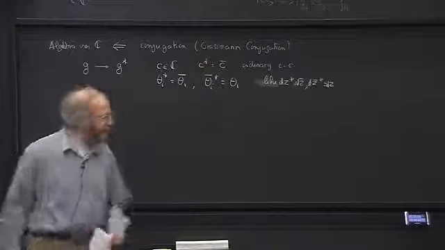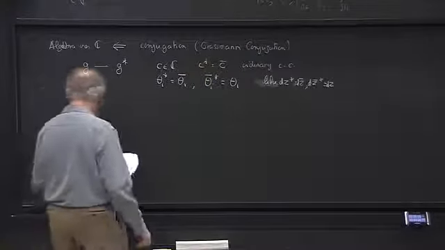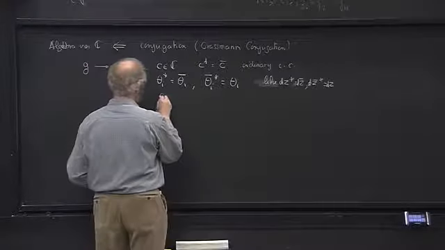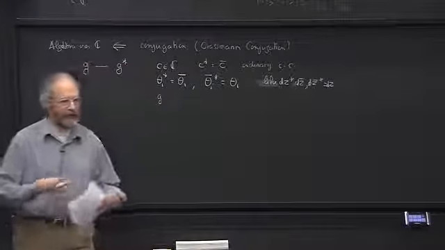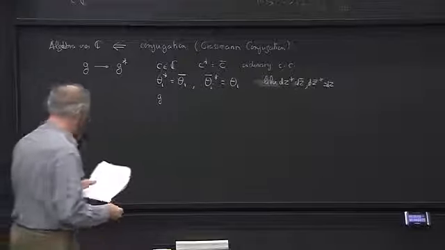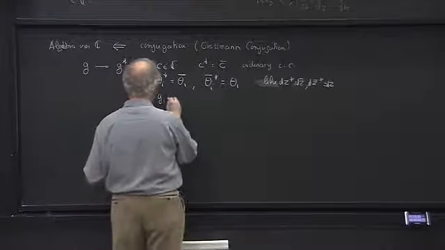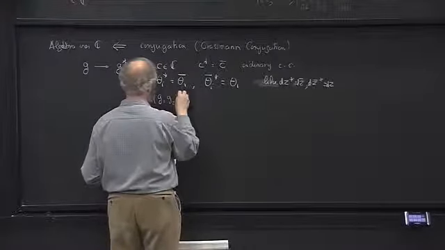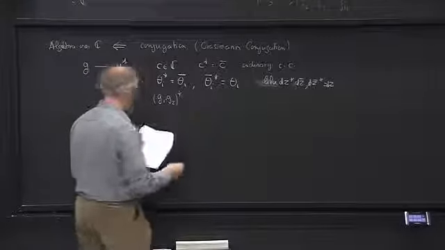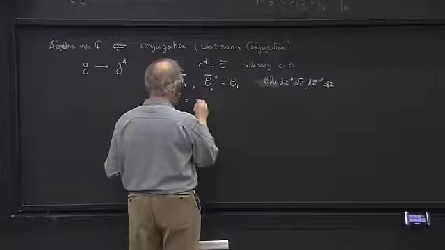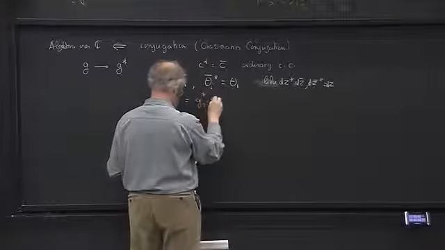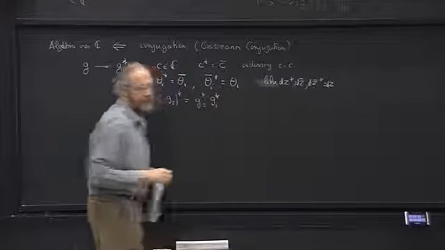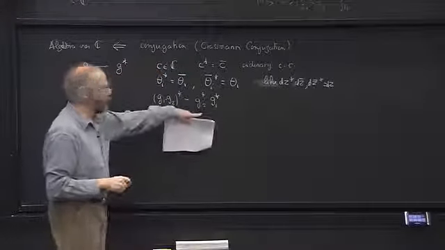Okay, and finally, for a general element, we need to know what the conjugation is doing on the product. And the rule is that (G1 G2) star, so the conjugation of the product, is G2 star G1 star, like the transpose of the product of two matrices.